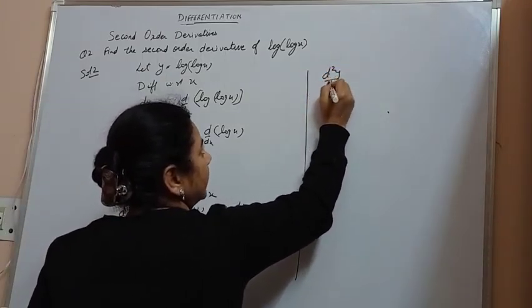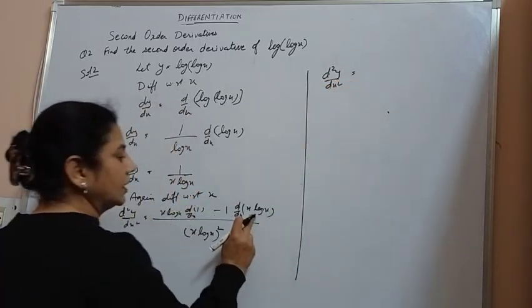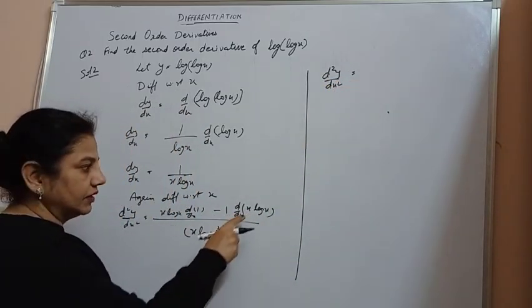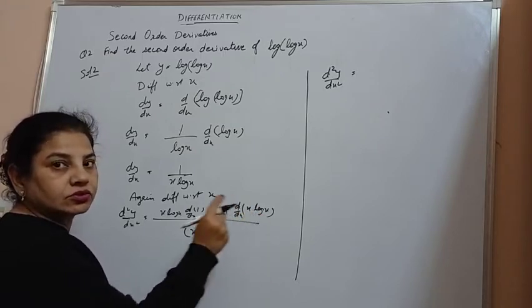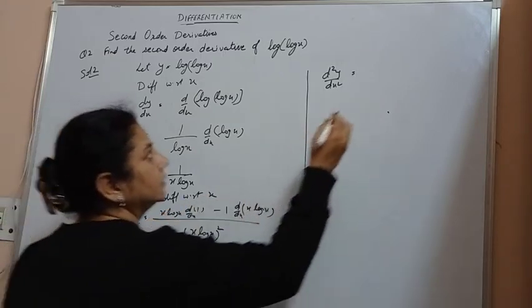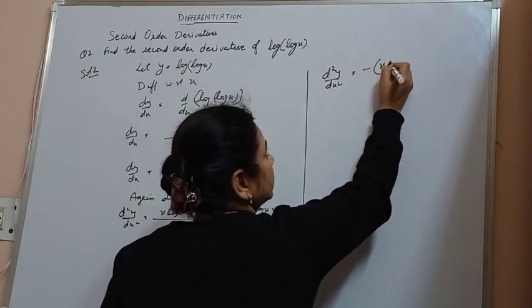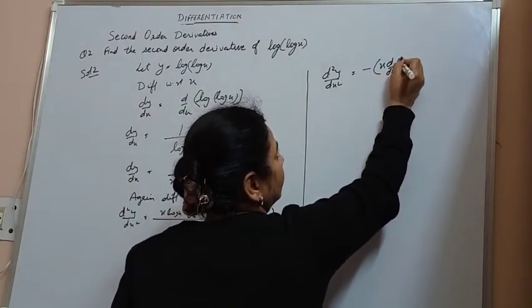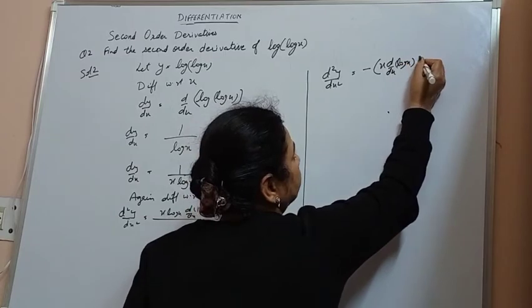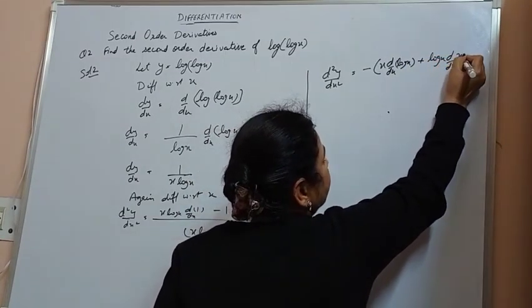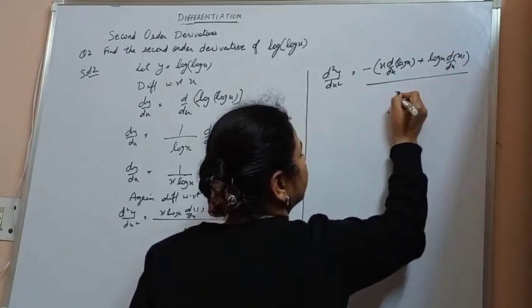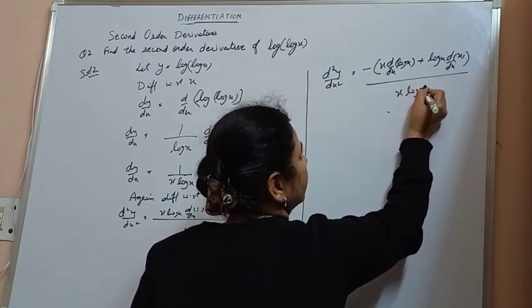d square y by dx square is equal to, here I have to apply the product rule. Two functions are there, polynomial x and the logarithm log x. So I will apply the product rule over here: minus first function into derivative of log x plus log x into derivative of x, divided by x log x whole square.